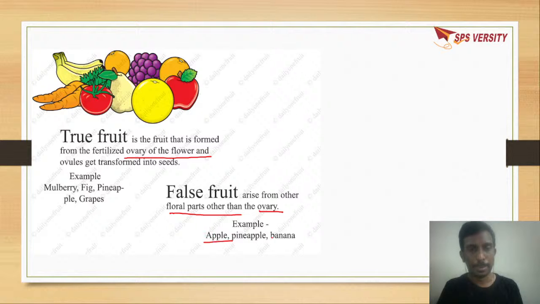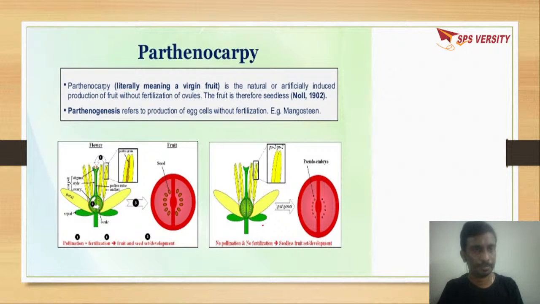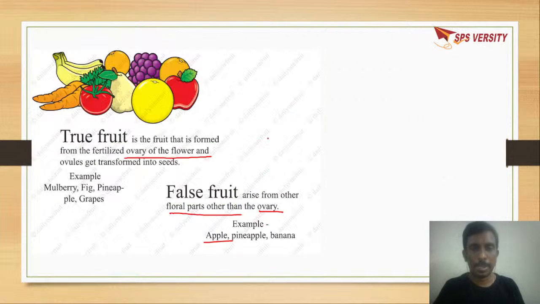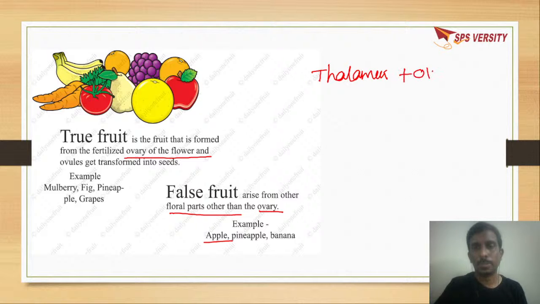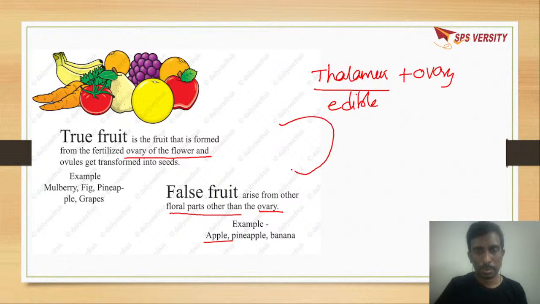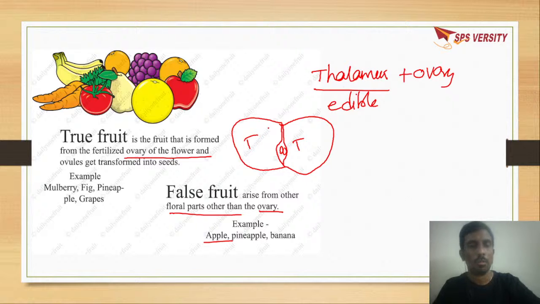Like apple, where along with the thalamus, the ovary develops into fruit, which is called false fruit. In apple, the edible part is thalamus. What you are eating is the thalamus. What in the center you throw out is with seeds. This is the true fruit part, and this is the thalamus which we eat. It is called false fruit.